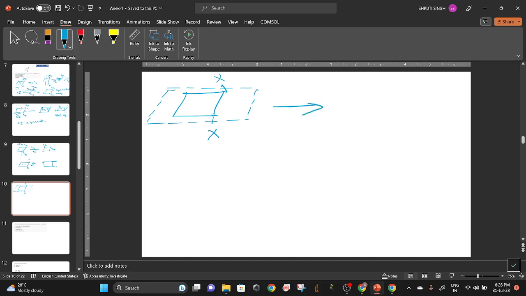Then since this one is up, in the reflection in the mirror it will go down, and this is down, it will come up. So this is not an equivalent configuration, it is changing the stereochemistry. Our goal is to get the equivalent configuration without changing any stereochemistry, without changing the position of the atoms. So this is not equivalent.